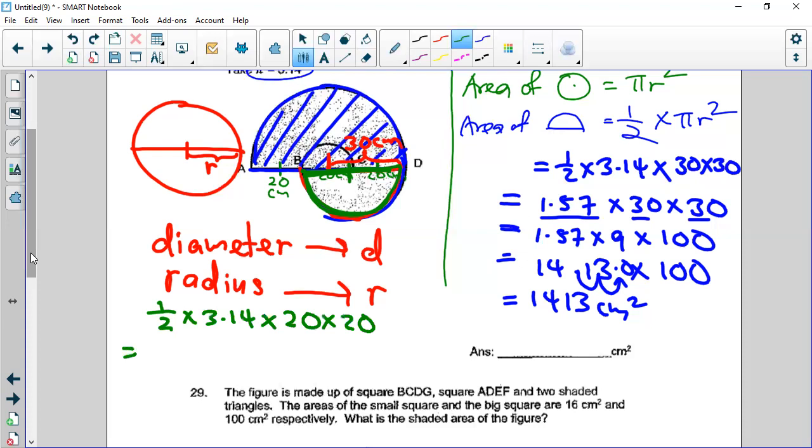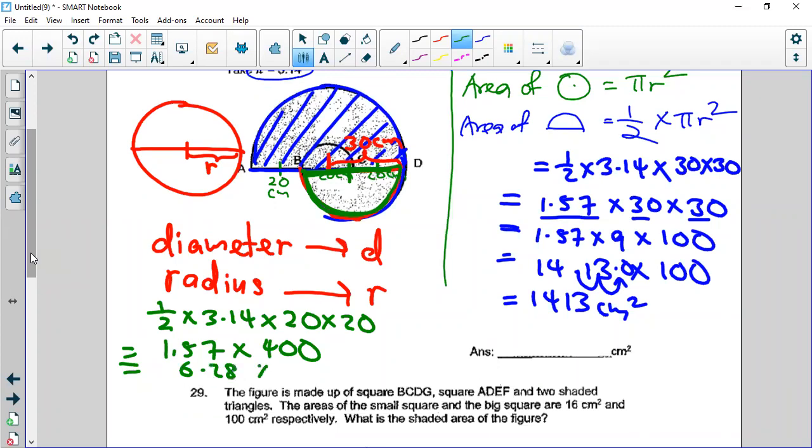Do the same thing. You divide 3.14 by 2 and you will get 1.57. Then times 20 times 20, which is 400. Cover the zeros. So 1.57 times 4, and you will get 6.28.